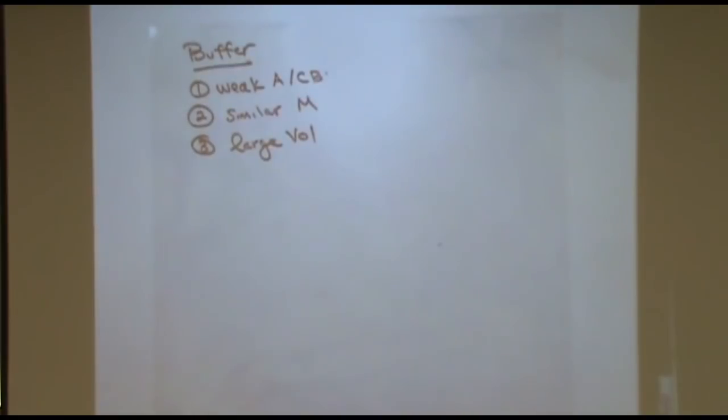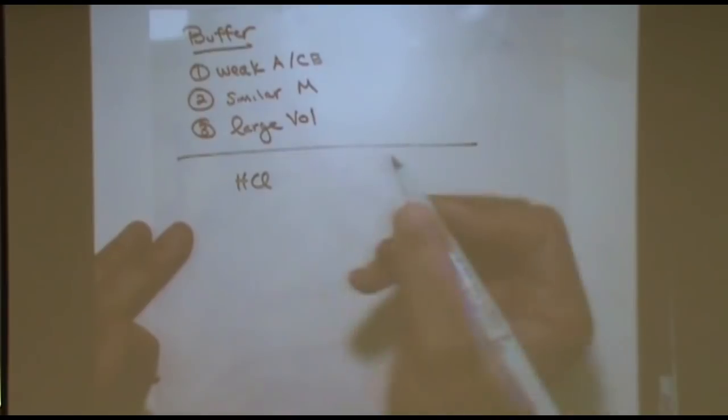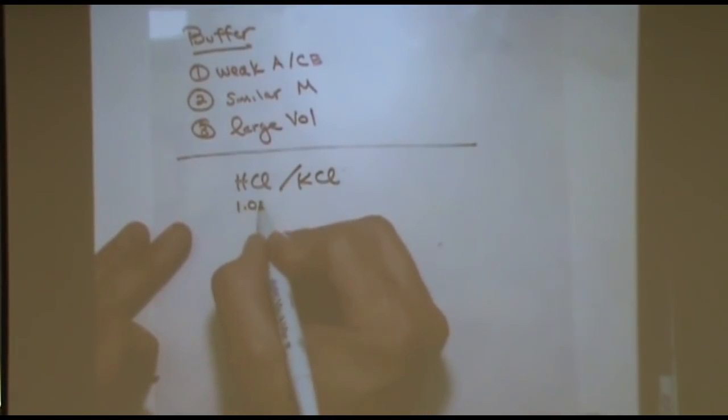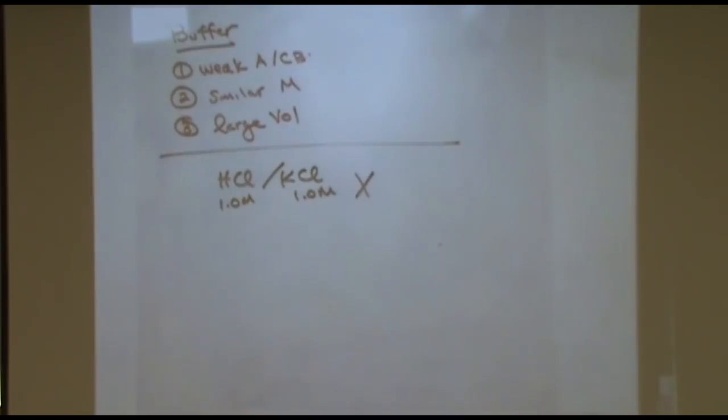That's right. Okay. Now in some questions, two and three don't come into play per se, but you'll see some examples tomorrow. If I saw this pair here, and let's say it's 1.0 molar, is this a buffer? No, that's not a buffer. Why?